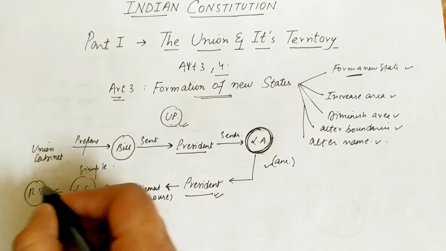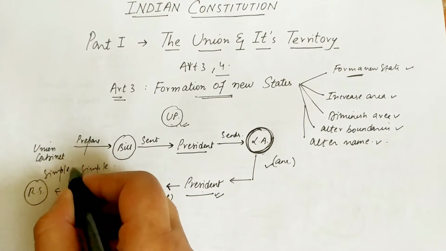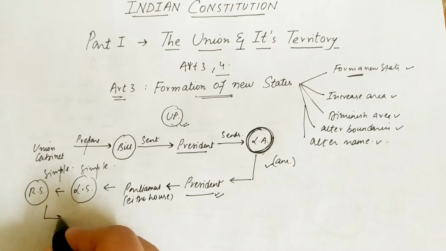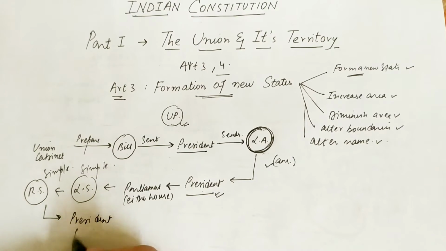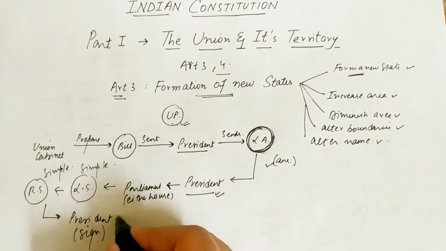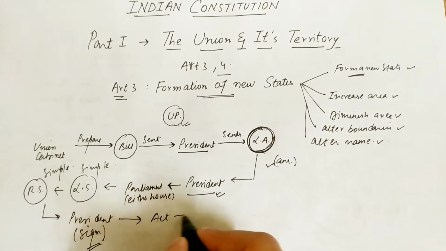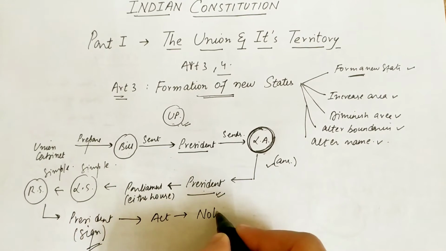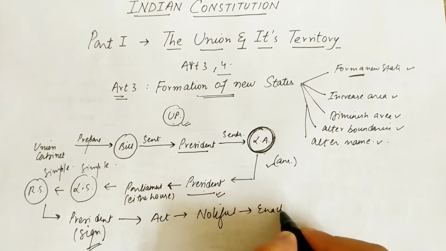Here too it is passed with simple majority. Then it is sent back to the President. The President will sign this, because no bill can become an act without this. Once he signs it, it becomes an act. It is notified in the Government Gazette, and finally it is enacted.